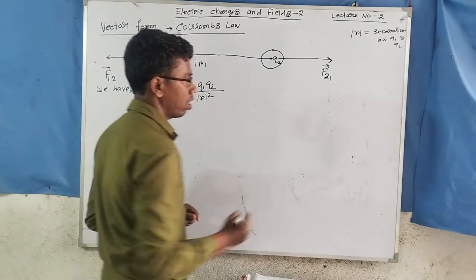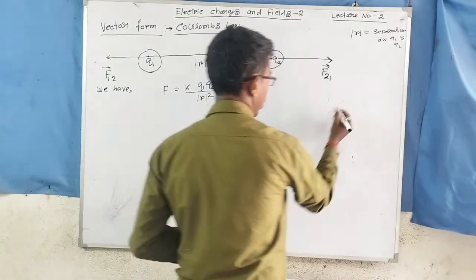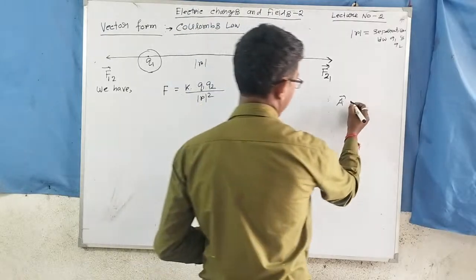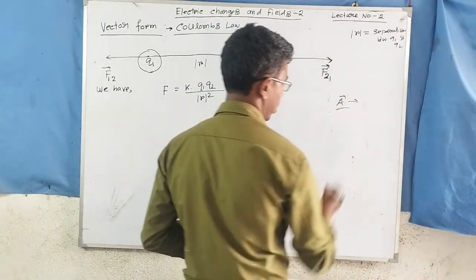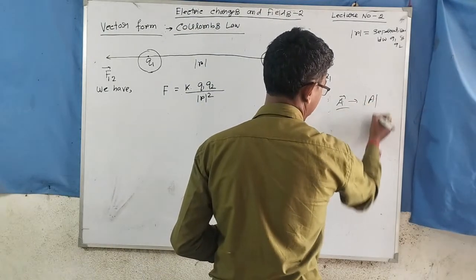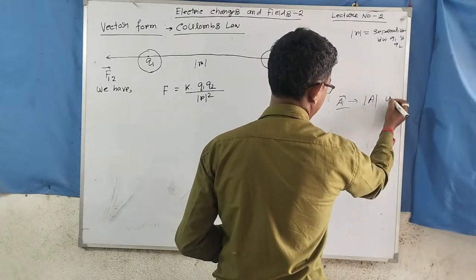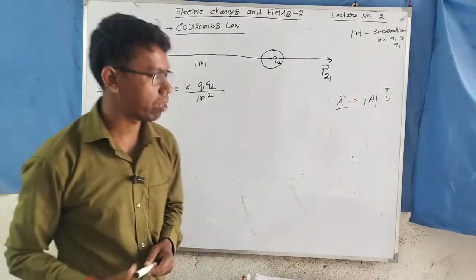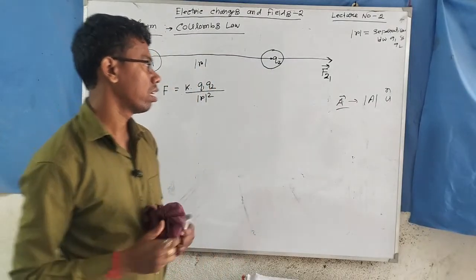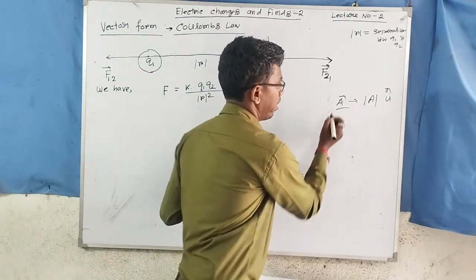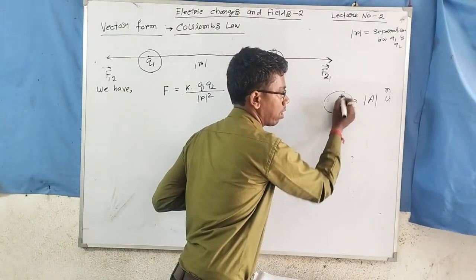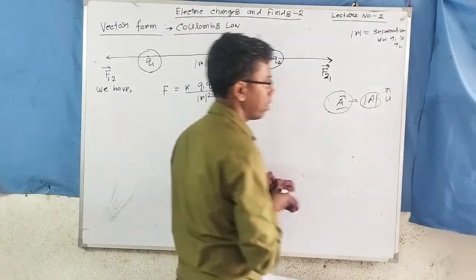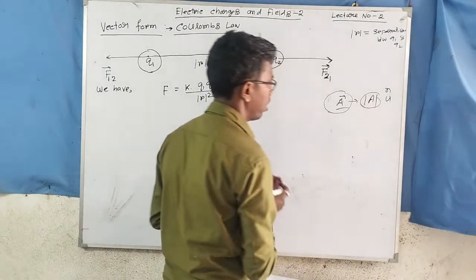Suppose a vector has two terms: a magnitude term and a direction. Direction is represented by a unit vector.